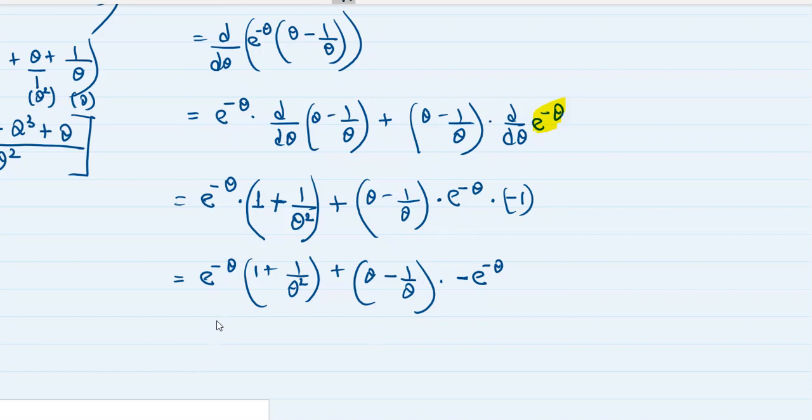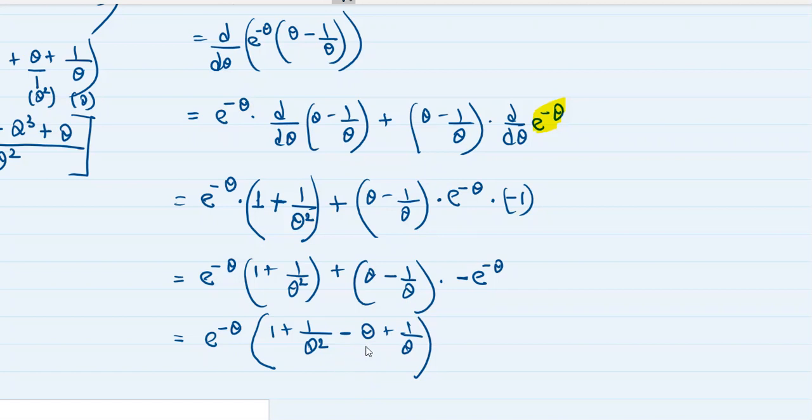So this e raised to minus theta will come out common, and inside the bracket I will be left with 1 plus 1 by theta square. This minus will get multiplied over here, so you get minus theta plus 1 by theta.